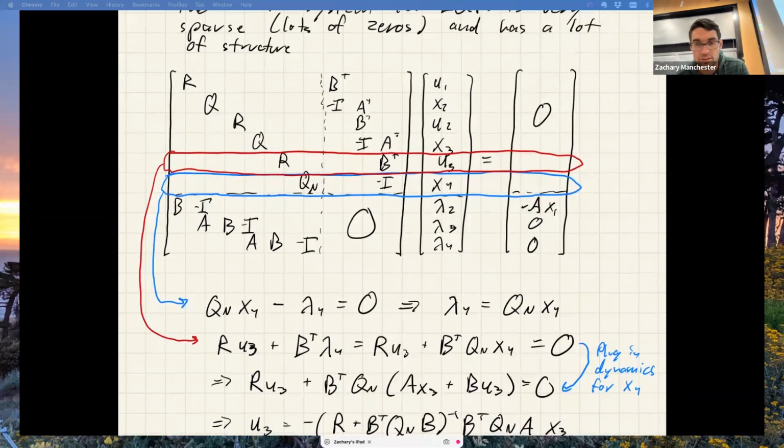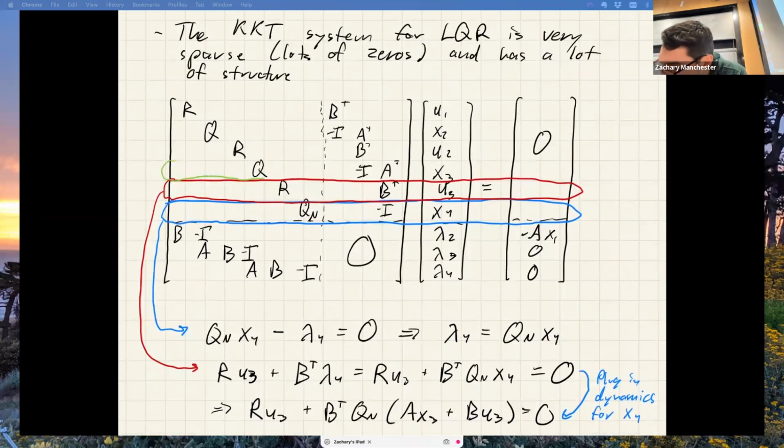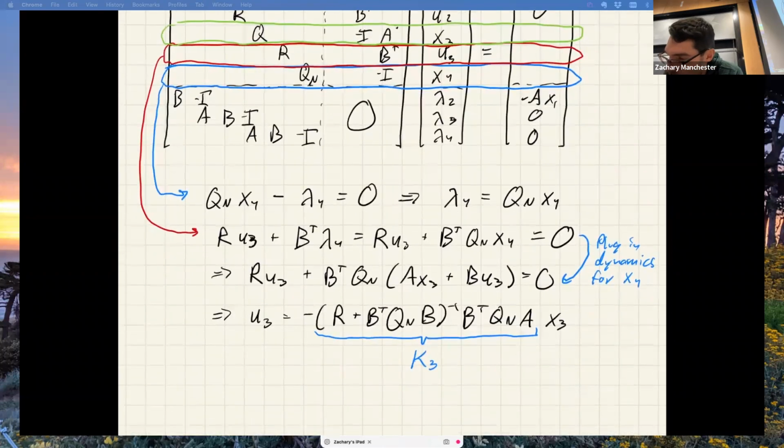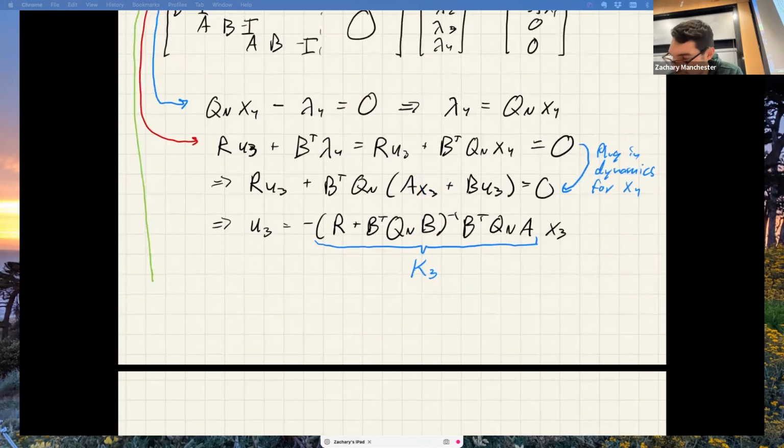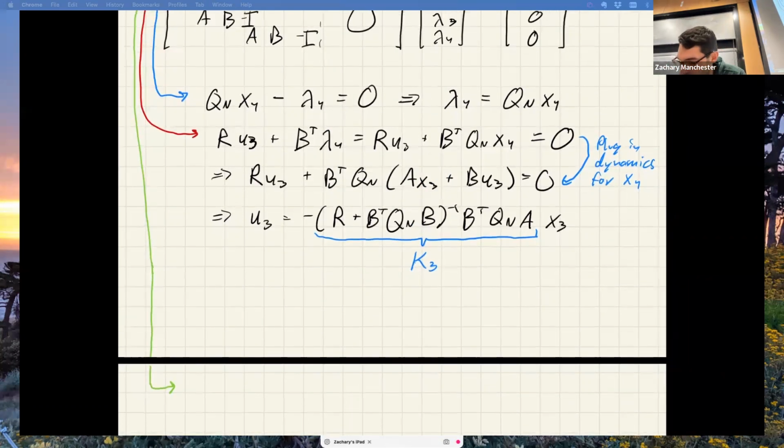So now if I go to the next row, this one says, maybe I'm going to go to the next page. Okay, so now I'll write this line out. This is going to get boring, but hopefully the pattern becomes clear.